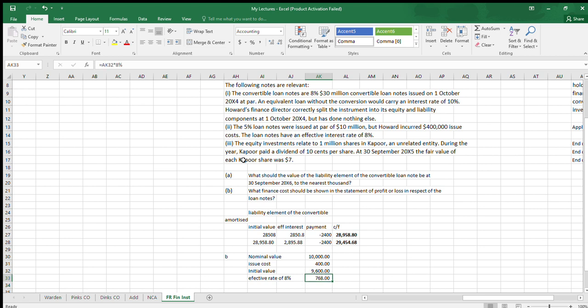So this figure will be shown in the profit or loss as finance cost when you are doing your P&L. Other operating expenses, finance cost 768. That's all. You are done. There's nothing more to do. Financial asset is the opposite. They won't even give you a financial asset question. I haven't seen any question on financial asset since I started doing my ACCA.